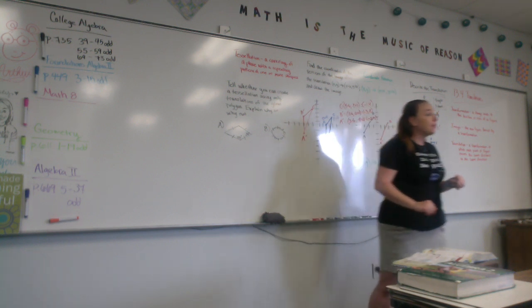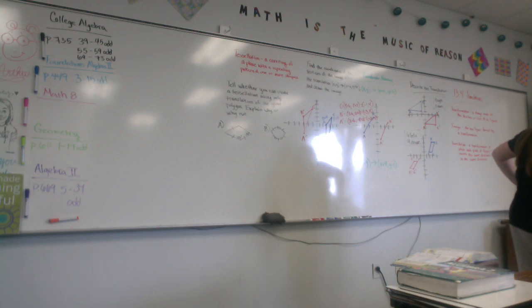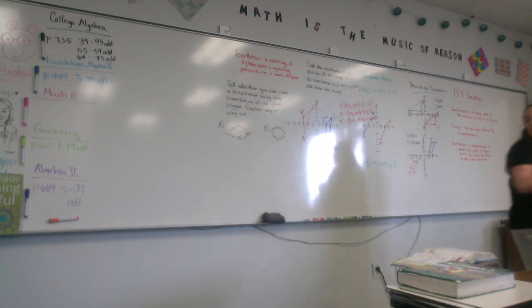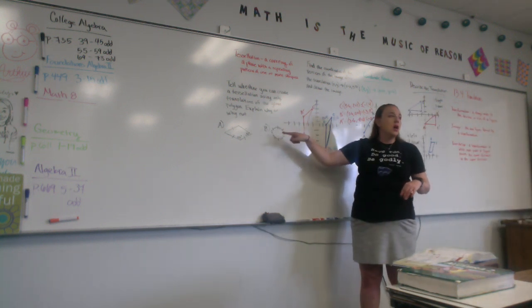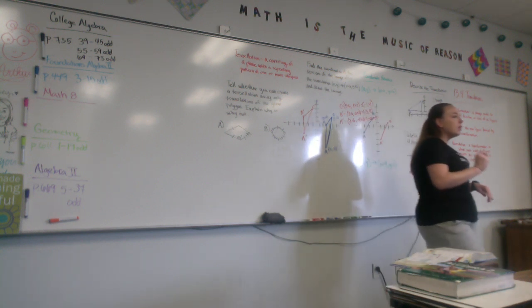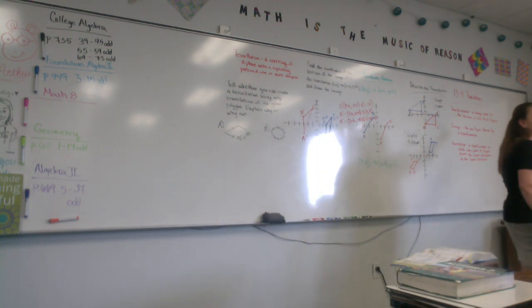Why not? Because they won't fit together. Yeah, because if I take the squares away, in order for there to be no gaps, I would have to overlap. You can't overlap for a tessellation to happen. So even though this is a regular polygon because it's marked all sides equal and all angles congruent, that shape cannot make a tessellation by itself. It has to have other shapes with it.